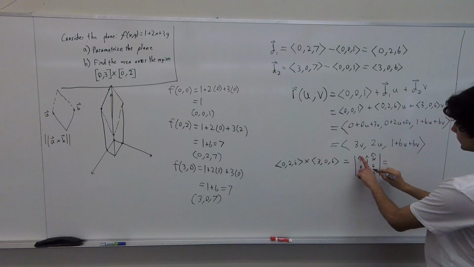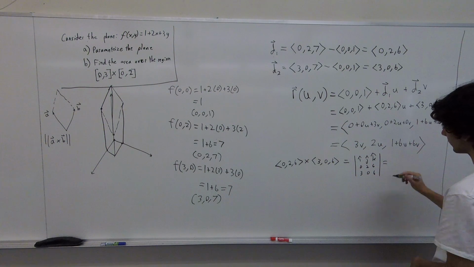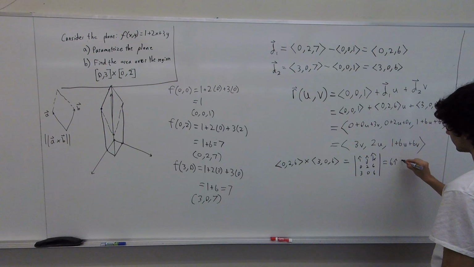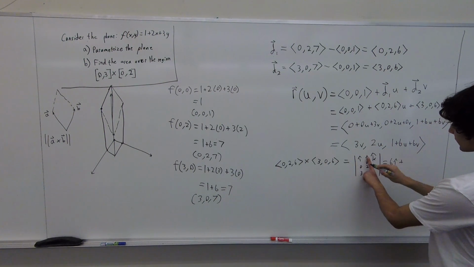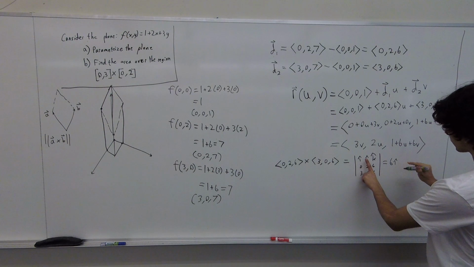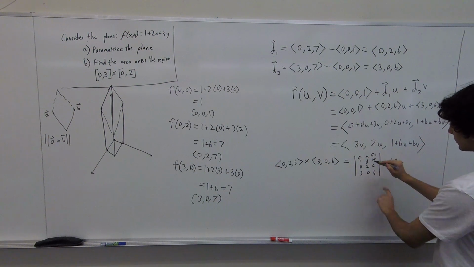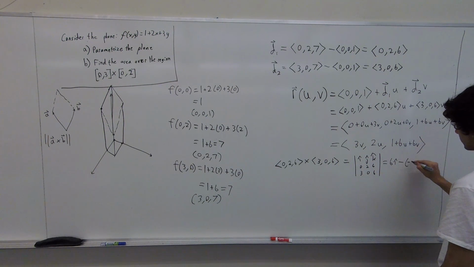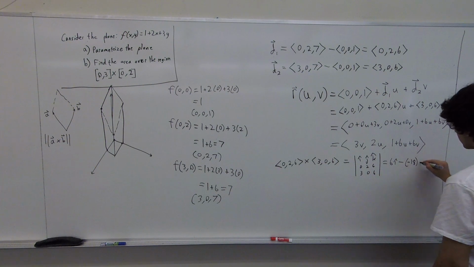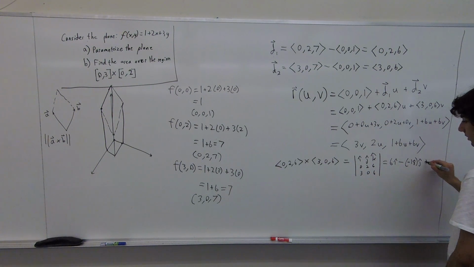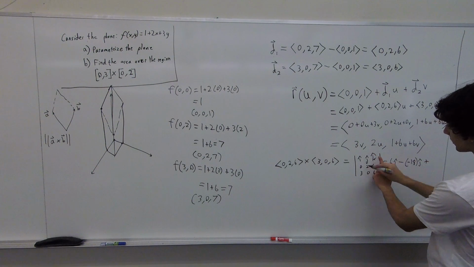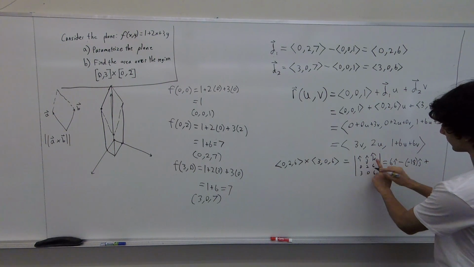Cross out this column, 12 minus 6, so that would be 6i plus... minus 0 minus 18j plus, crossing out the third column, 0 minus 6.